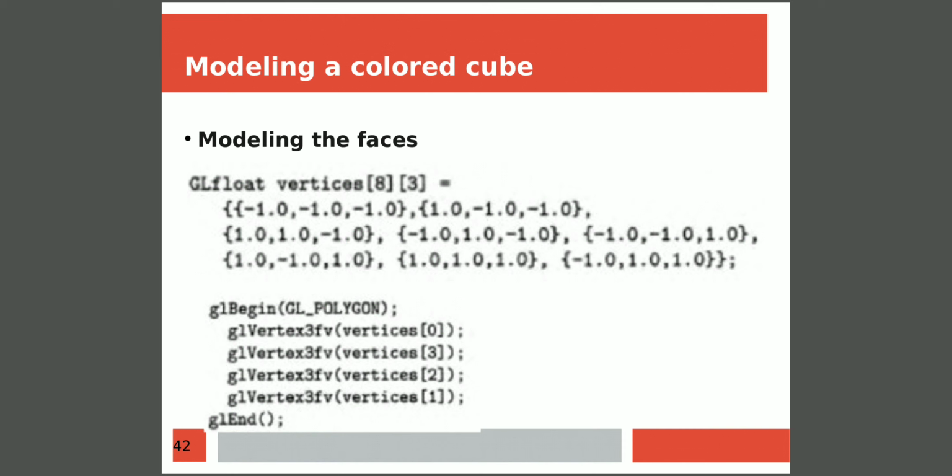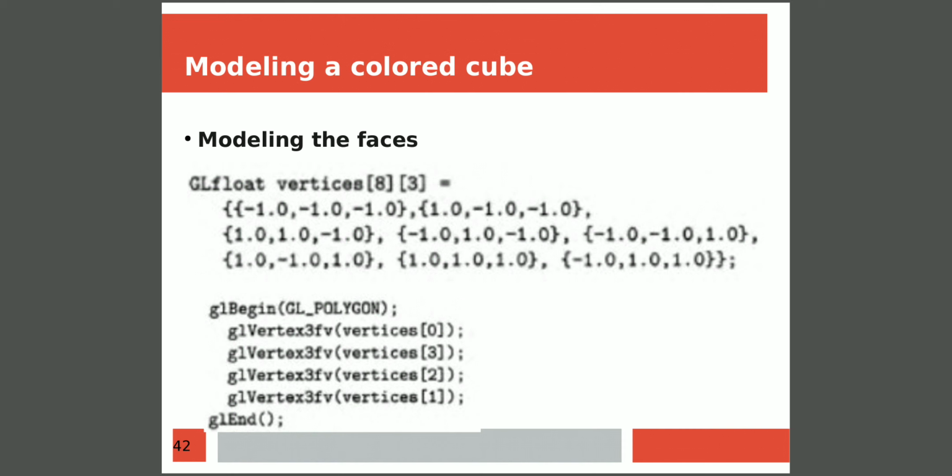So under the glBegin function, we need to specify 4 vertices using the glVertex3fv function, where 3 represents that we are displaying the cube in a 3-dimensional system, f represents that we are specifying the vertex values as floating values, and v represents that we are not giving the vertex values directly as x coordinate value, y coordinate value, and z coordinate value. Instead of that, we are passing an array over here.